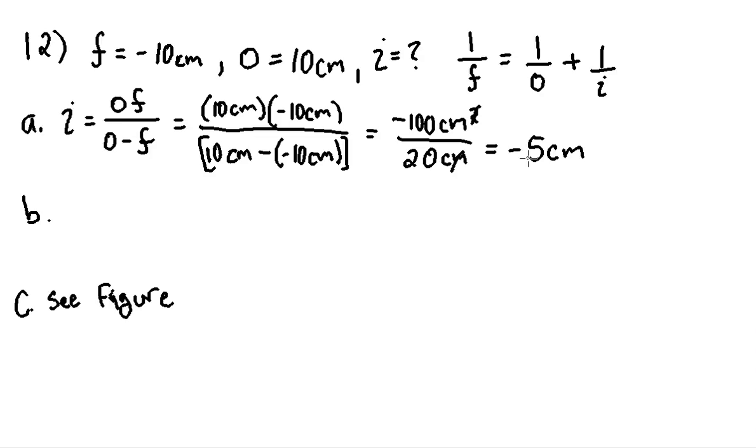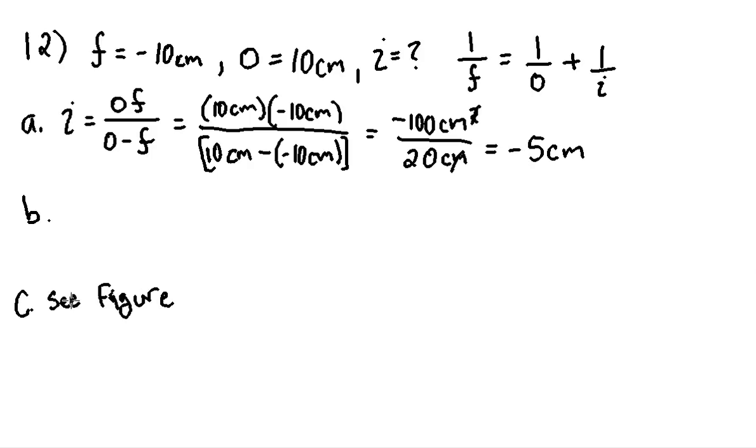But everybody, take a look at the image, or I'm sorry, figure 17.24. What you have there is an object in front of a concave mirror, and what you see there is an image being formed that is upright or erect and virtual, meaning that there are no actual rays coming from it.